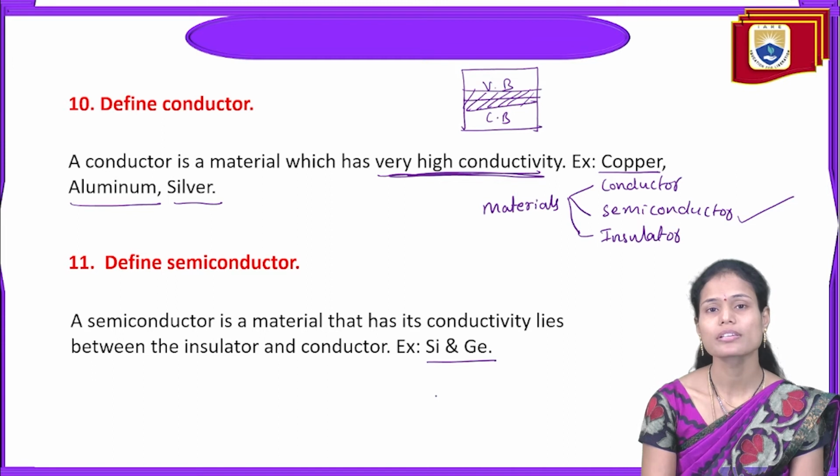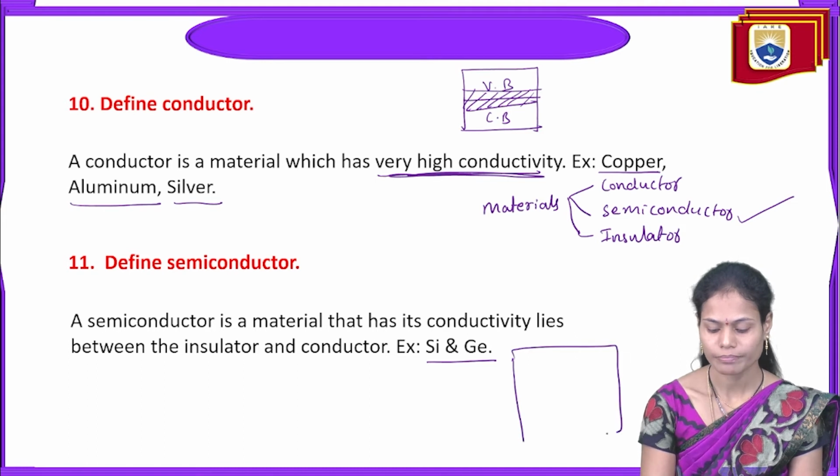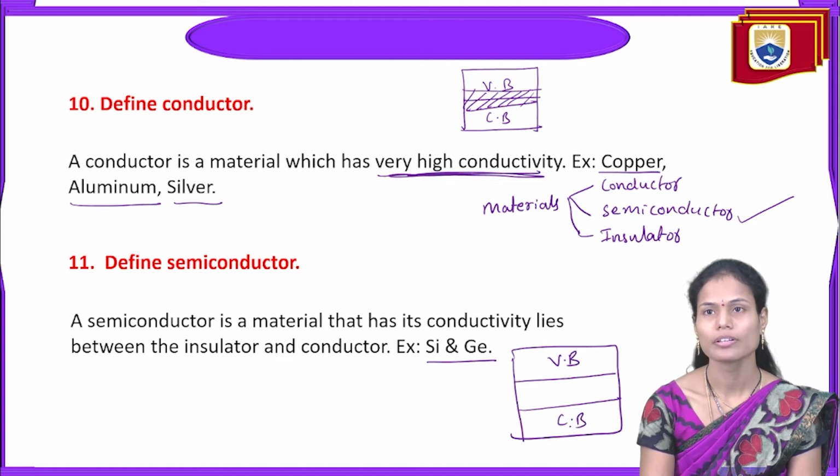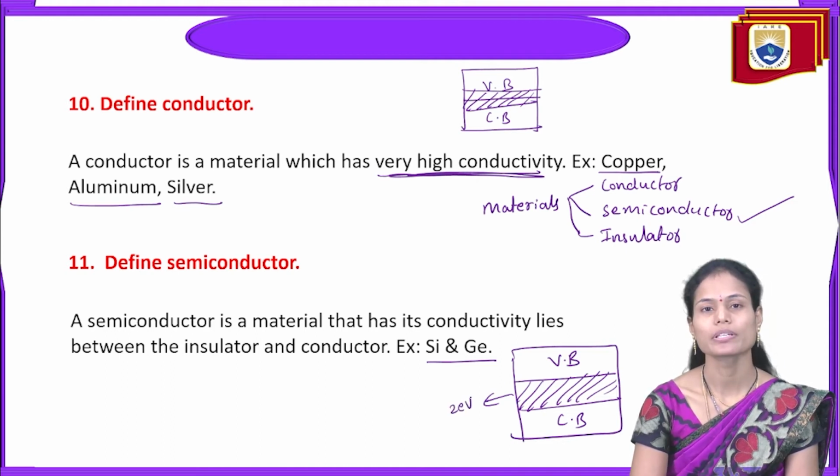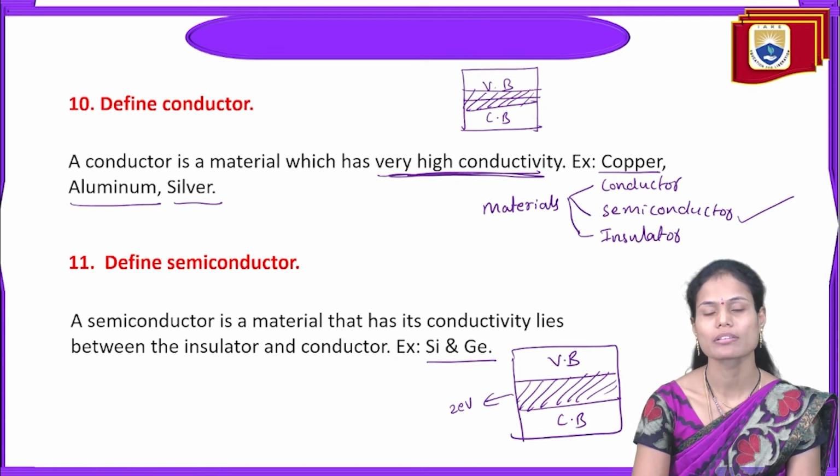If we see the energy band structure of a semiconductor material, we have the valence band as well as the conduction band. There is a gap between the valence band and the conduction band. This is the energy gap. Almost 2 electron volts energy gap is present between the conduction band and valence band.